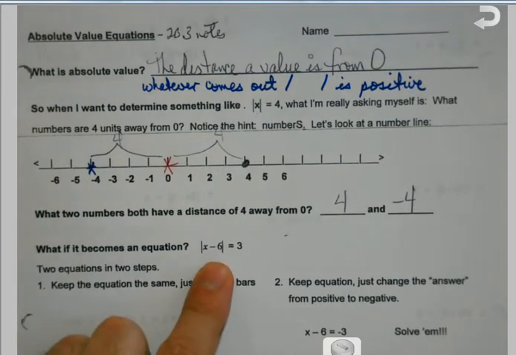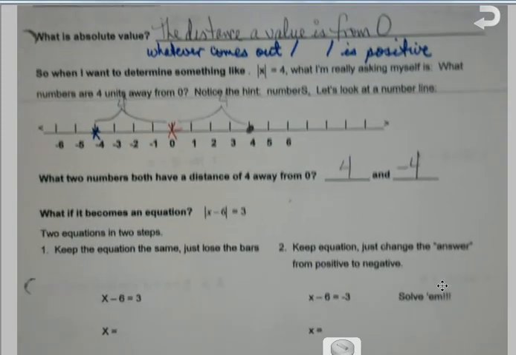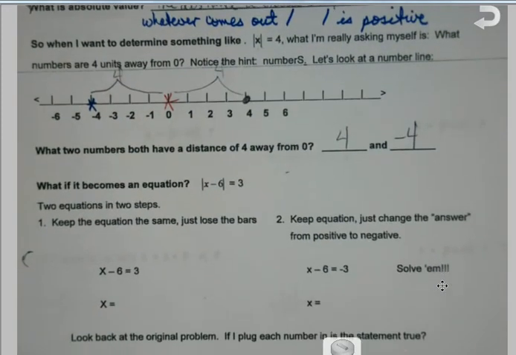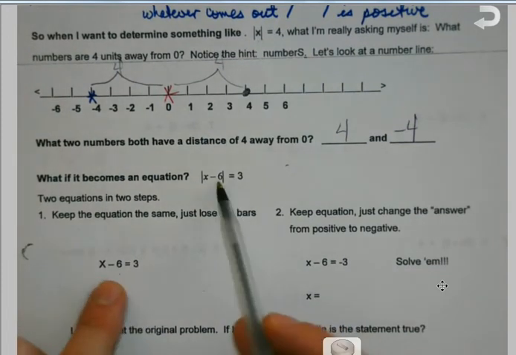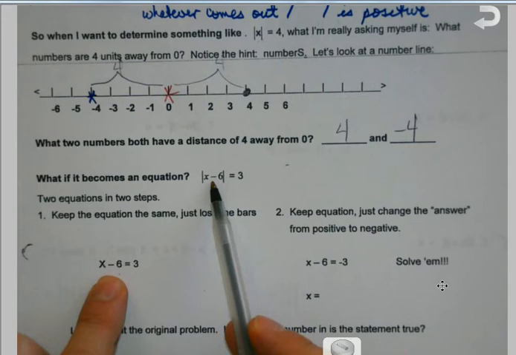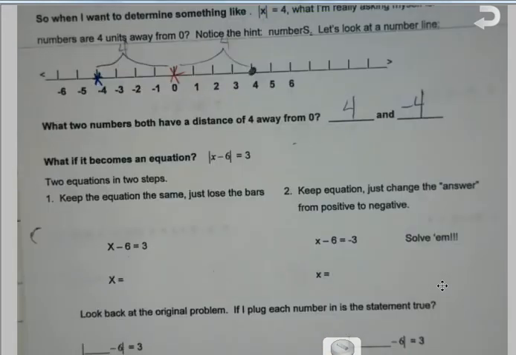So let's say it becomes an equation: the absolute value of x minus 6 equals 3. We're going to do two equations, and then we're going to be done with this. My first step is always keep the equation the same, just lose the bars. So I just wrote down x minus 6 equals 3. I've got to solve the mini equation.